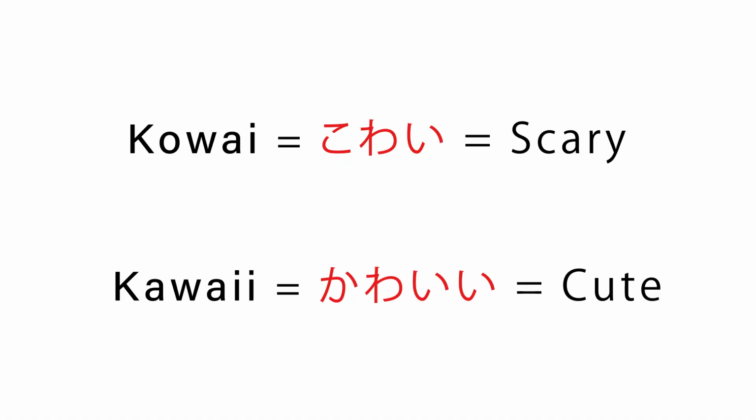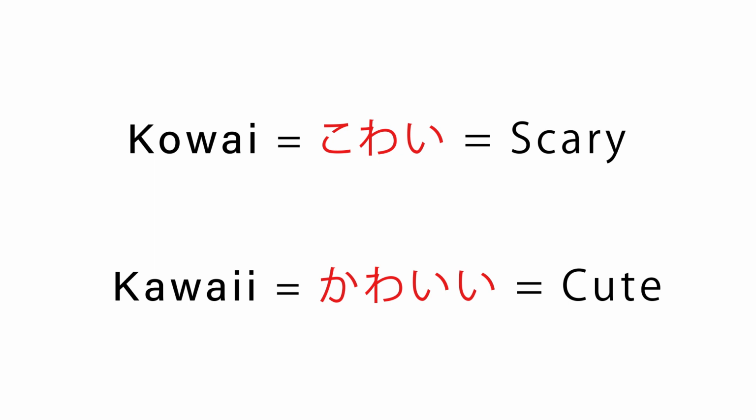For example, let me think of a One Piece character again. If you think of Nami and you'd like to say she's cute, the Japanese word for cute is kawaii. And sometimes people make a mistake with the word kawaii and say kowai, and kowai means something else. It means scary.